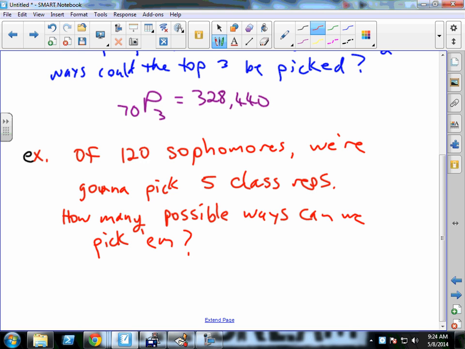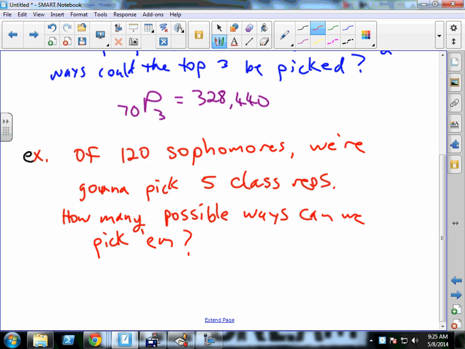Now you have to think about something here. There was a key word I talked about with permutations: permutations are an arrangement, right? If we're talking about class representatives, is one class representative, in theory, more significant than another? Or are they all on the same level? They're all on the same level.